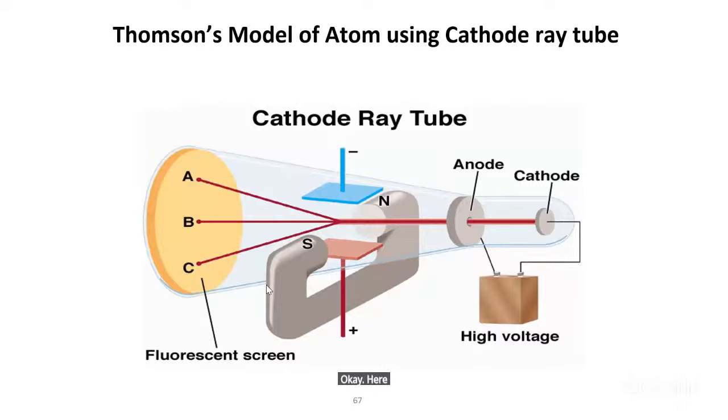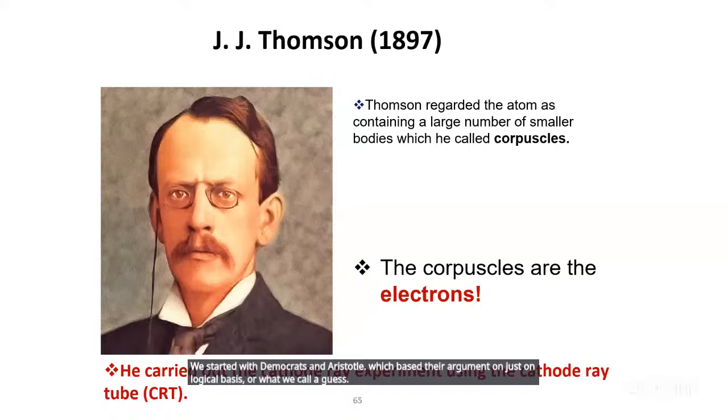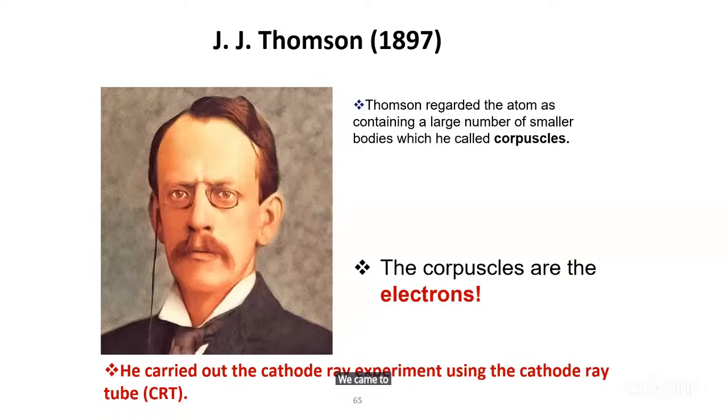Here we are together. Now, I want to go back to something. We started with Democritus and Aristotle, who based their argument on logic, on what we call a guess. We came to Dalton, and I told you, though Dalton carried out an experiment, his experiment wasn't new.